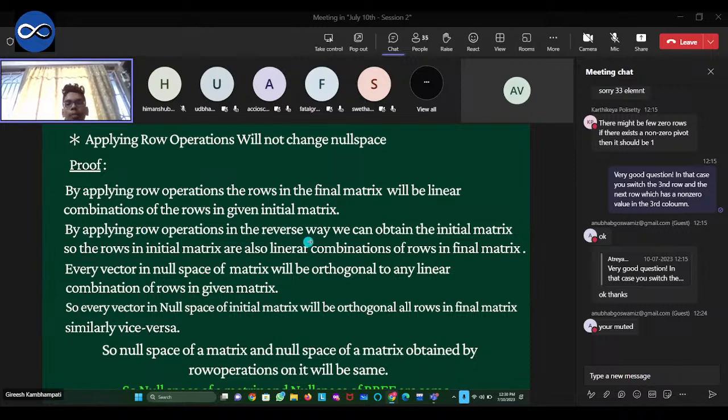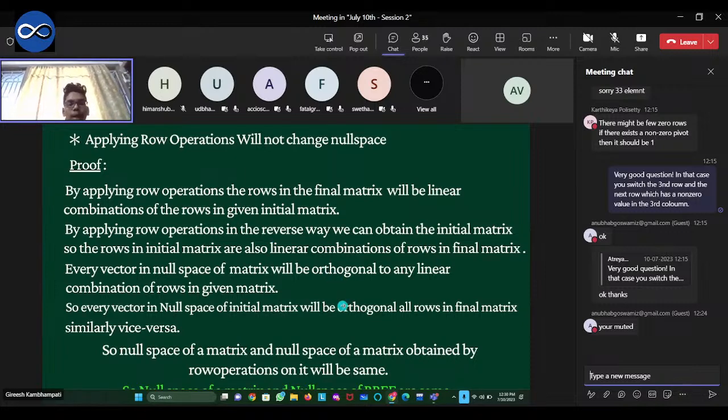Similarly, we can apply row operations in the reverse way. If we multiplied a row with a non-zero constant, by dividing the row with the same non-zero constant, we obtain the matrix we took initially. So by applying similar row operations, we can get the initial matrix from the final matrix.